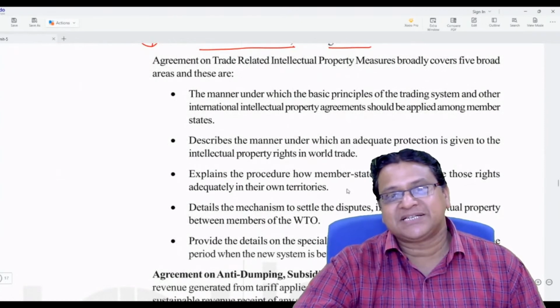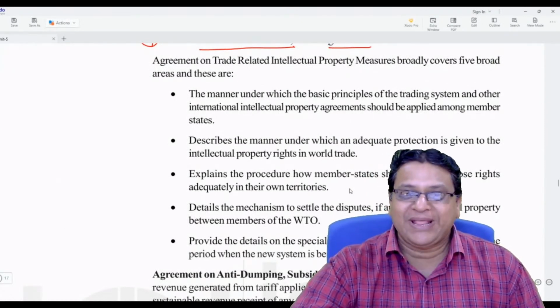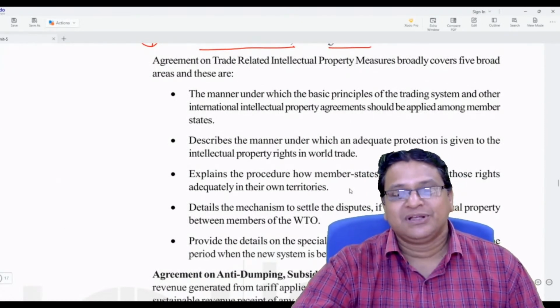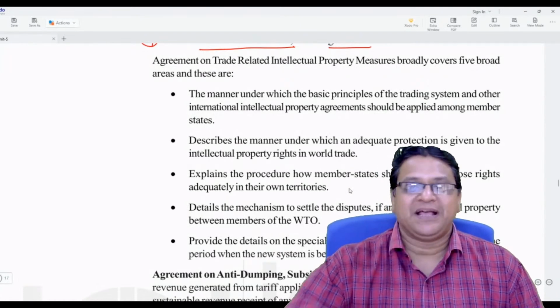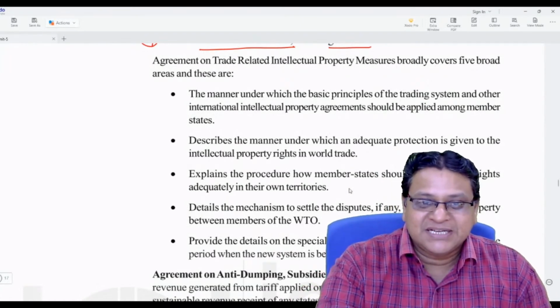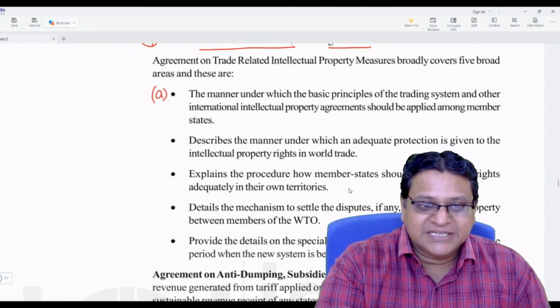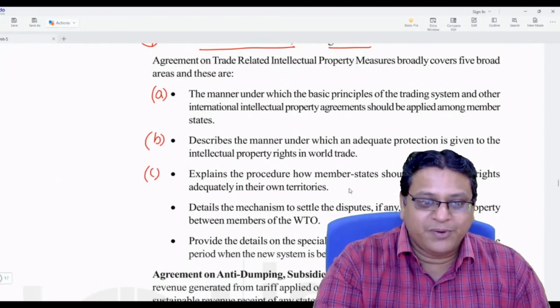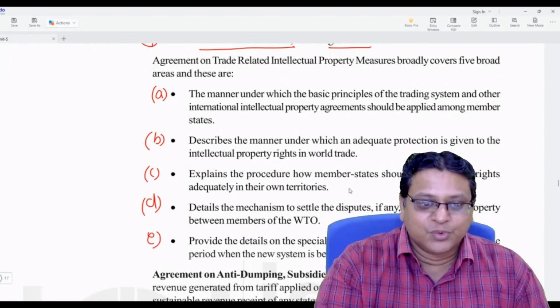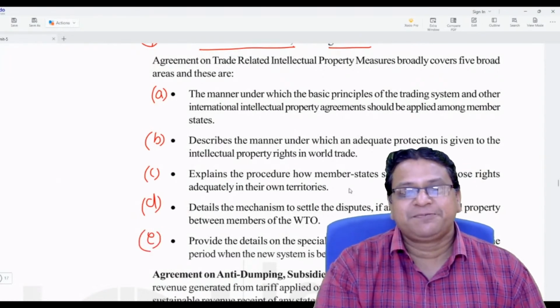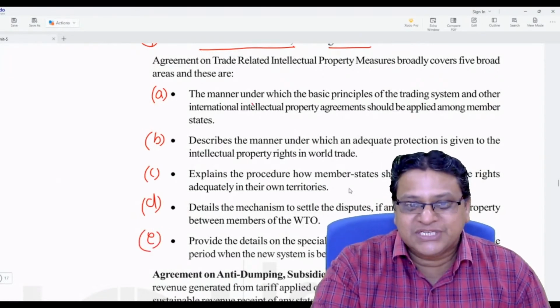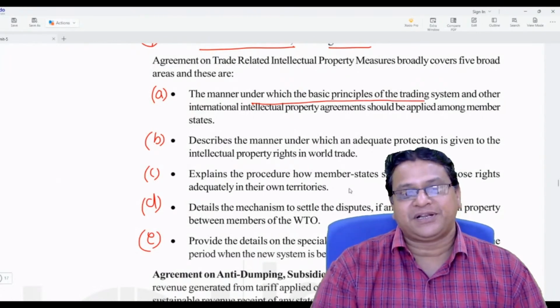The TRIPS agreement covers 5 broad areas of rules and regulations related to IPR. What are the 5 broad areas? These are the 5 broad areas you must know. First, it frames the manner in which the trading system will operate.